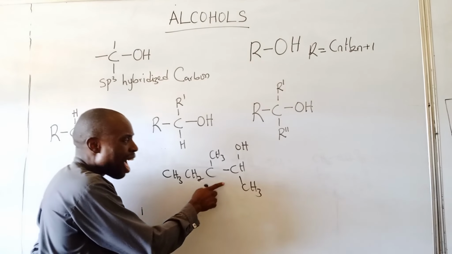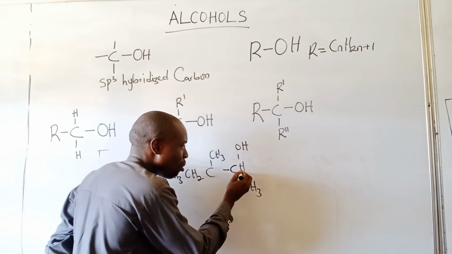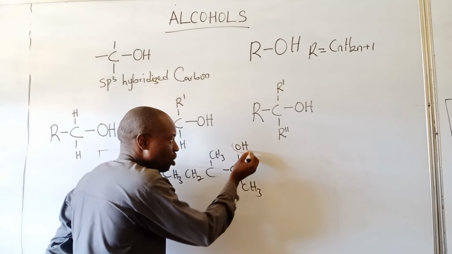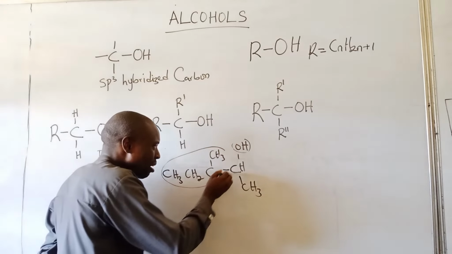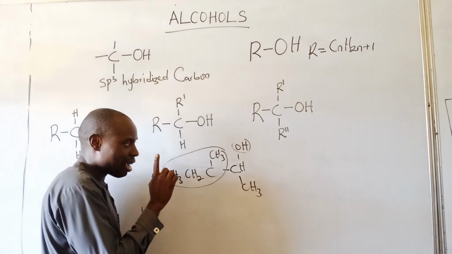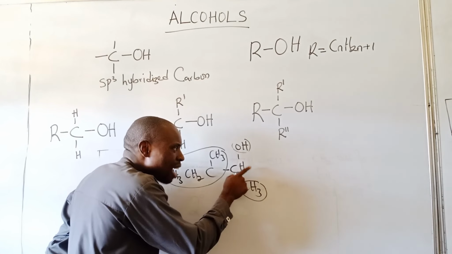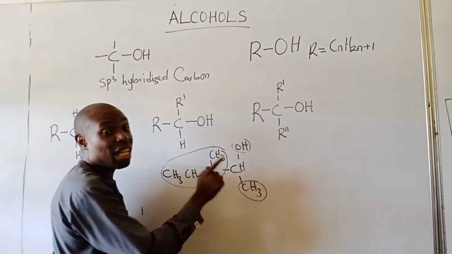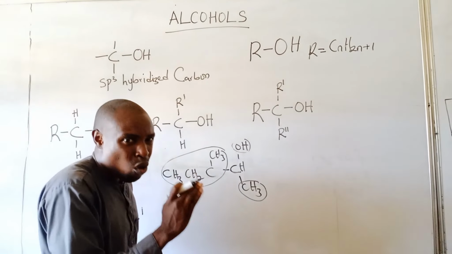Now, this alcohol here, let's look at it. This is the carbon carrying this OH. So it means this group here is the first alkyl group, this one the second alkyl group. You still have one hydrogen atom left. So it means that this is a secondary alcohol.